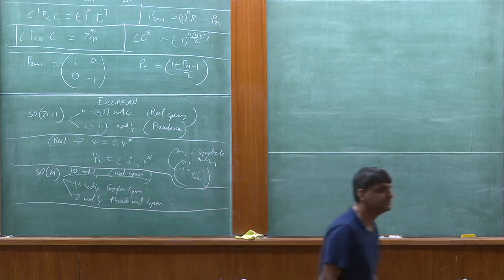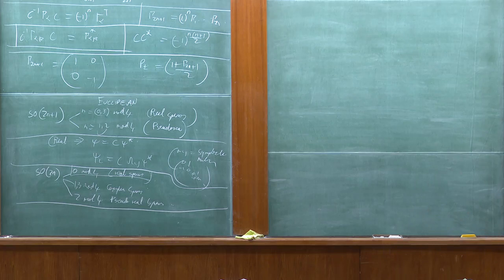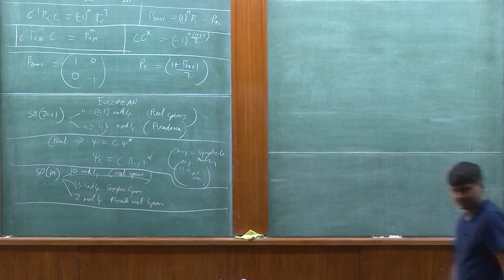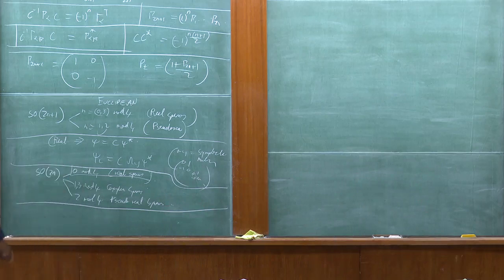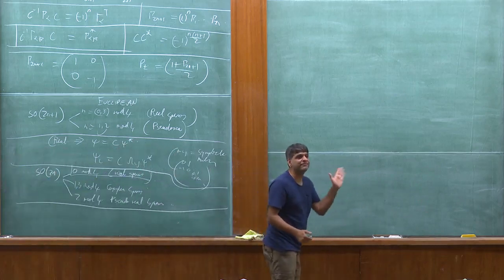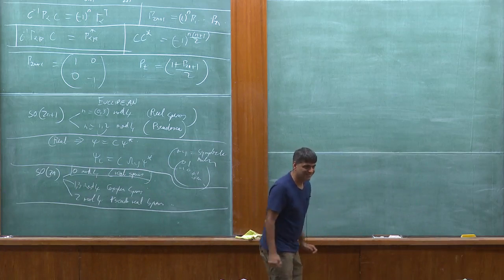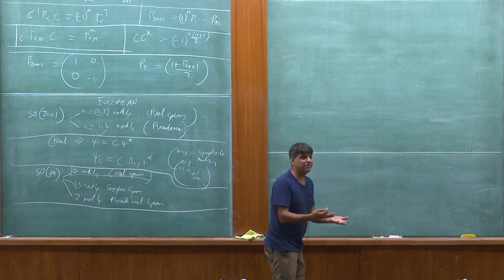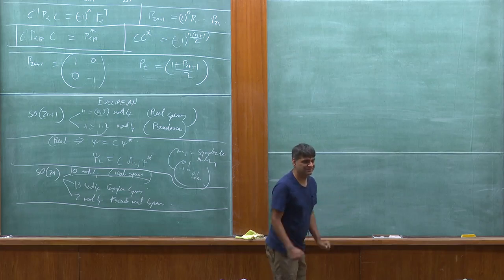Yes? For SO3, C will be identity, right? So it is like psi equals psi star. SO3, why would C be identity? Let's try. C was a matrix that transposed everything. So C would be basically sigma 2.